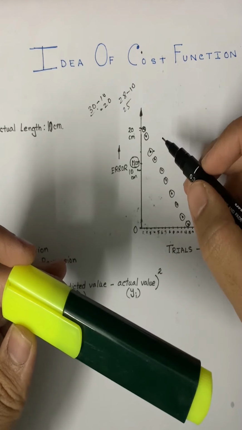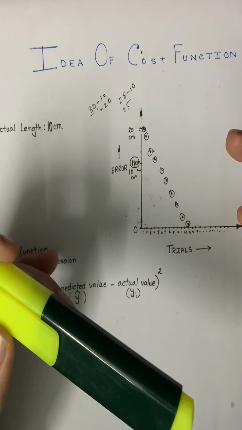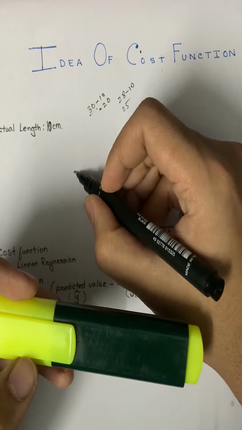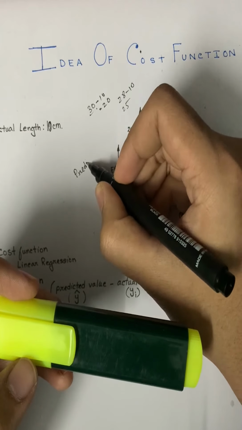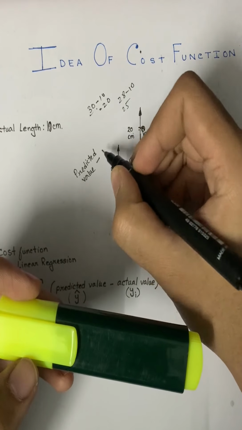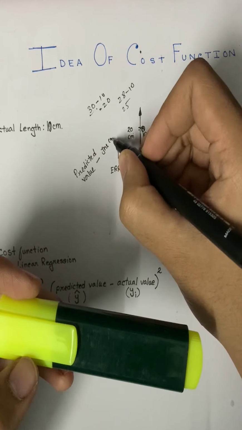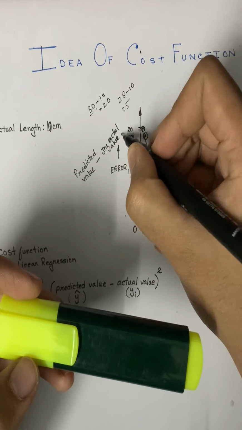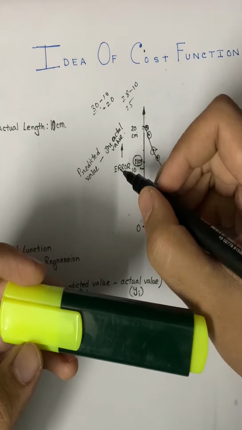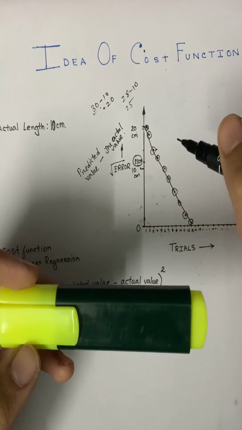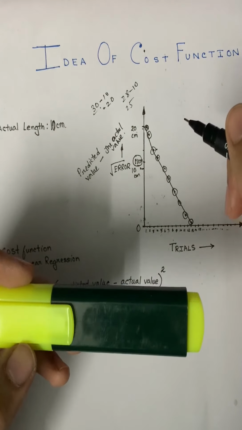So this is exactly what a cost function is. What is the error? The error is nothing but the predicted value minus the actual value. Now what we could do, we could also take the root of the error, or something else. We know the cost function of a linear regression.